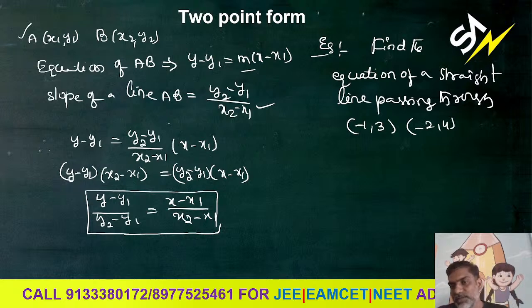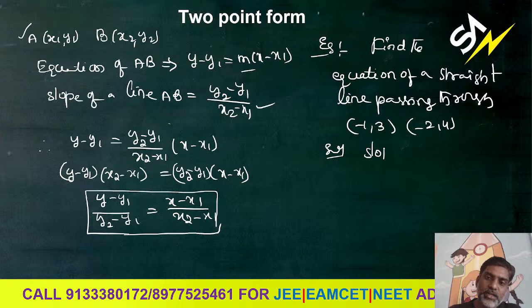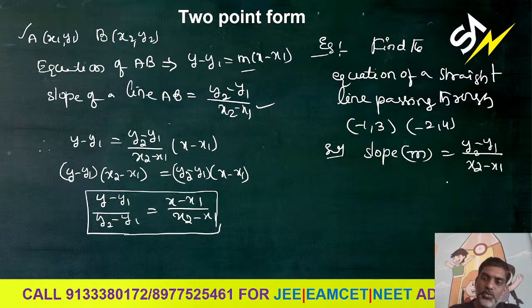Here two points are given, so we must apply the two-point form. First we calculate the slope. Slope m equals y2 minus y1 divided by x2 minus x1. So what is y2 minus y1? 4 minus of minus 3, divided by minus 2 minus of minus 1.